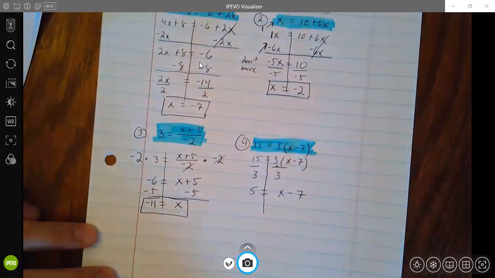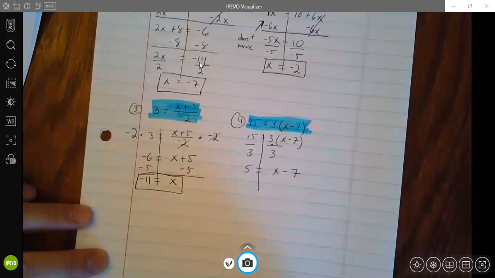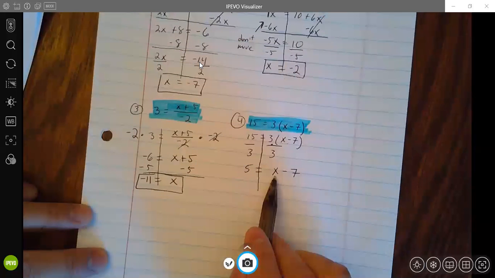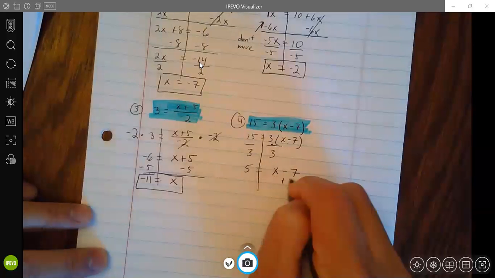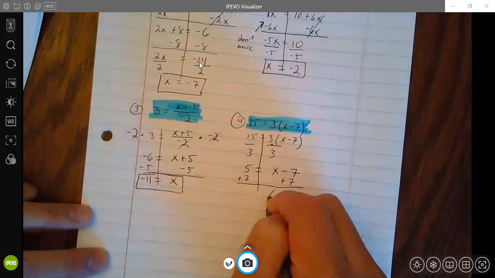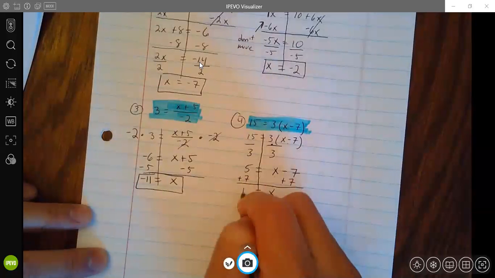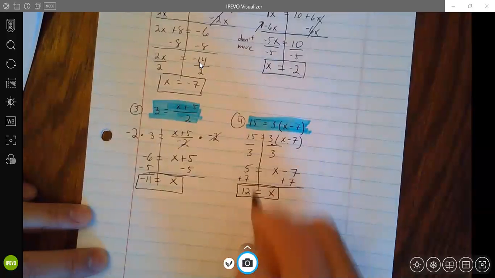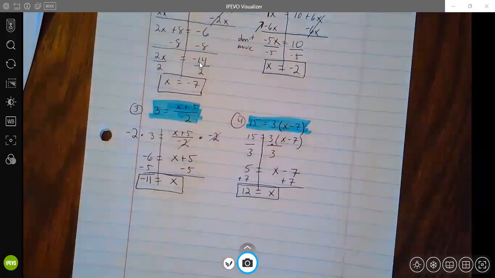Okay, so now I want to get the x by itself still. That says minus 7. So I'm just going to have to add 7 to both sides. 5 plus 7 is 12. Okay.